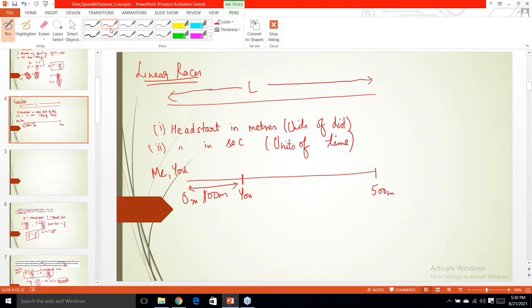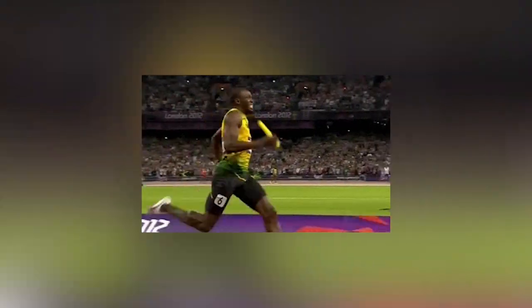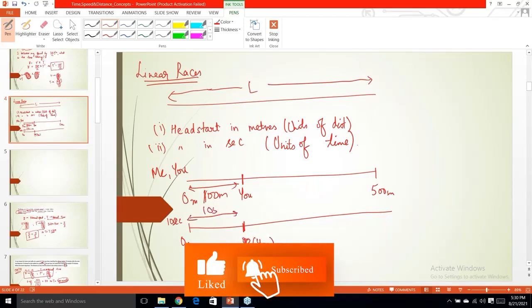Now there's another thing, which is head start in seconds. If I give you a head start of, let's say, 10 seconds, I allow you to run, and by the time you have reached, let's say, this point P, which is some distance ahead, and you have taken 10 seconds to cover this distance, then I will start.